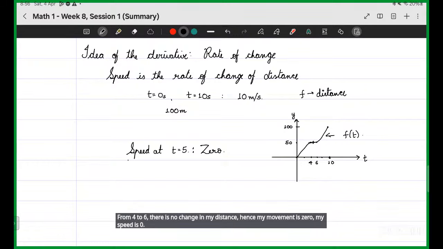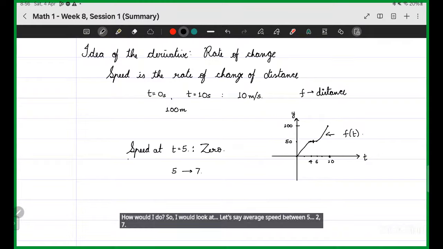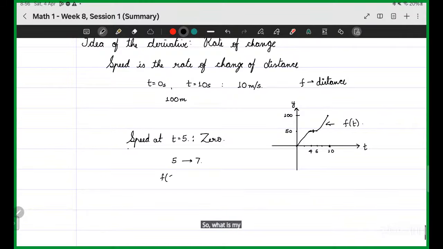But if I were to calculate using distance by time, how would I do it? So I would look at, let's say, average speed between 5 to 7. So what is my distance at 5? It's exactly 50. And at 7, it is somewhere over here. Let's say 62.5, I'm just giving some number.